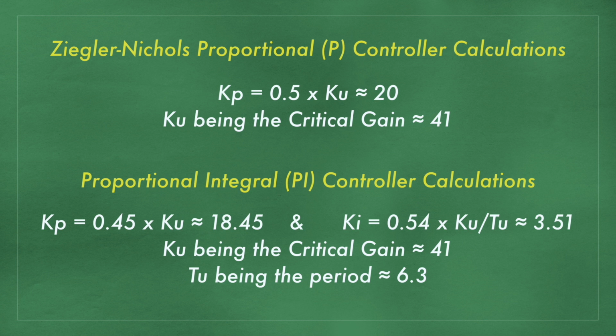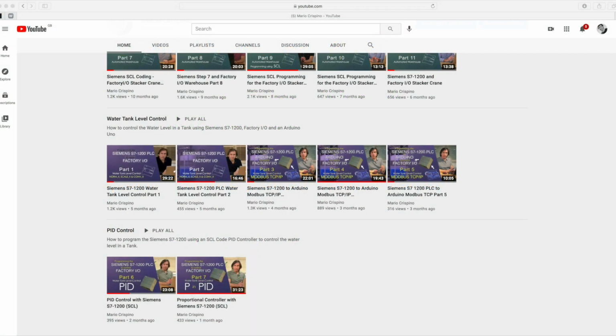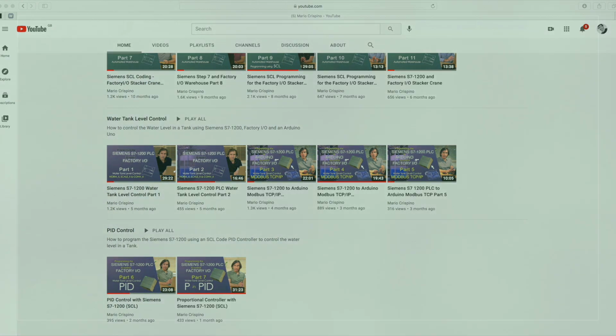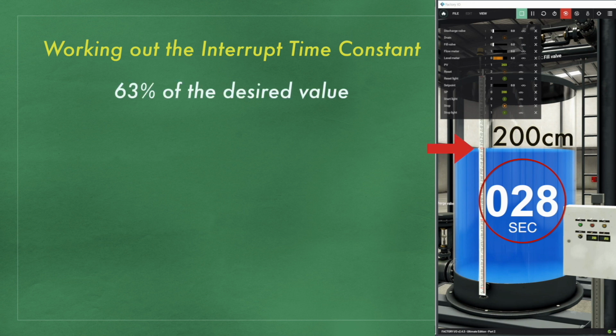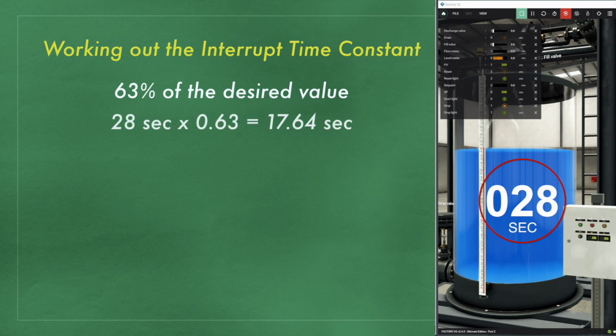Now, from the previous video, you may also remember how we worked out the interrupt time constant. You can see this in the previous video at 23 minutes and 10 seconds to see how we did it. But what I can say is it was based on the time it took the tank to fill from empty to 63% of the required 200 centimeters, which worked out to be 17.64 seconds.